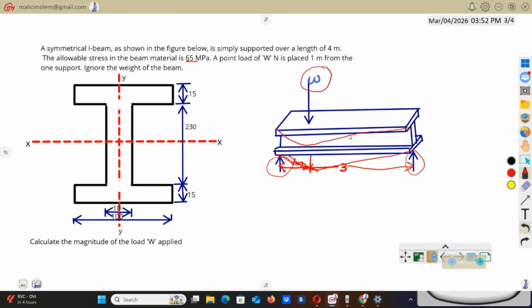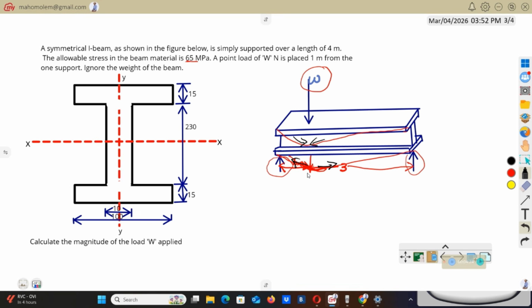As it bends like that, the bottom part, this part here, is going to stretch. This part here will stretch like this. The top part will be under compression. This stretch and this compression will only be there when this thing bends.